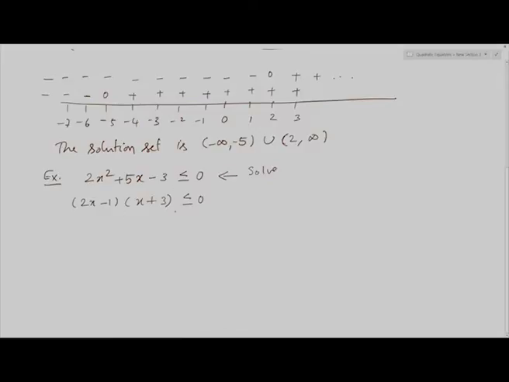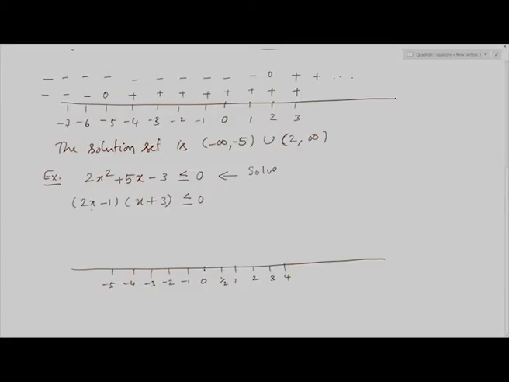As I said earlier, use the sign graph. So I draw the number line. The first factor is 0 when x is equal to 1/2, which lies between 0 and 1. Similarly, on the left are −1, −2, −3, −4 and so on.